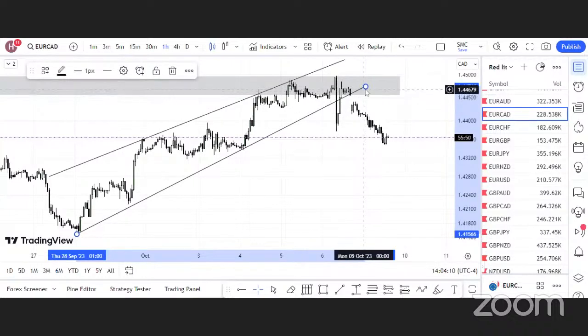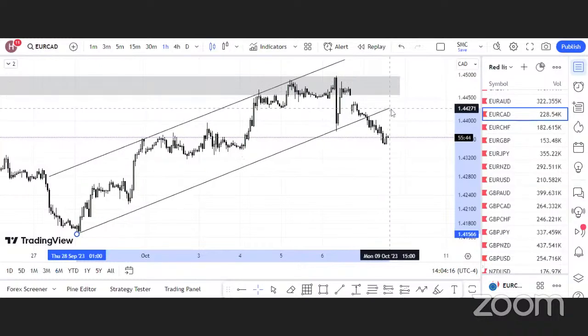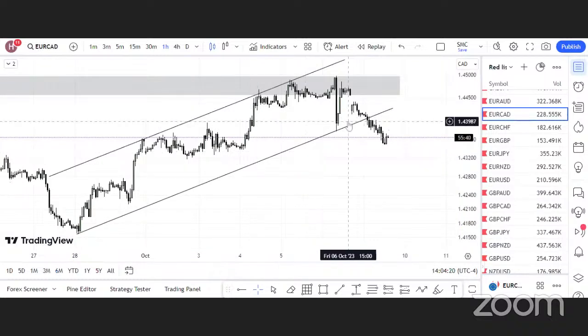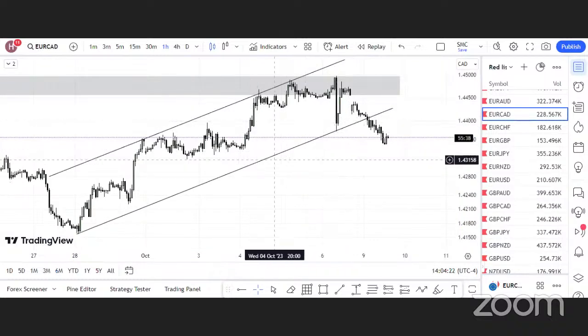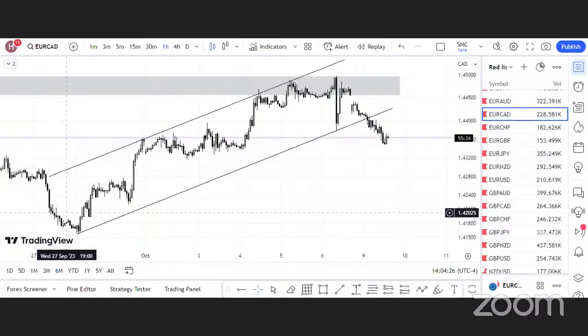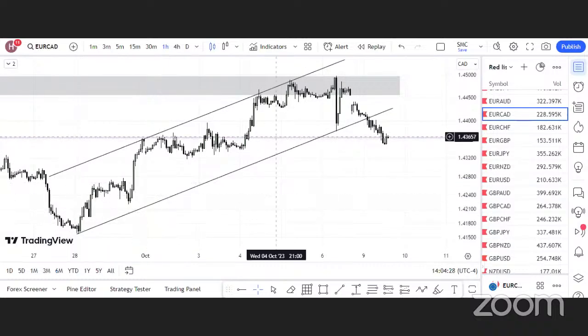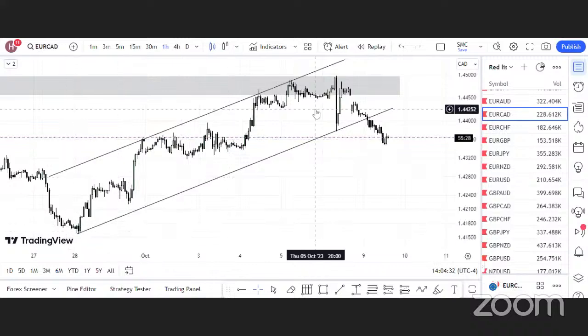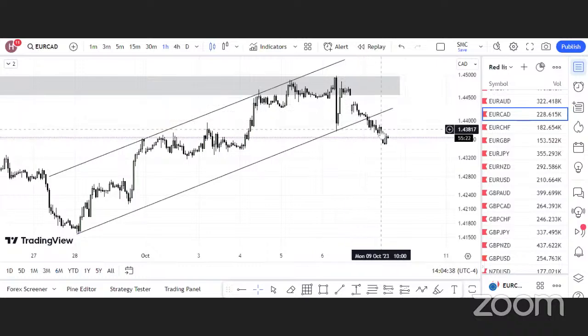Since this is where the market is currently, I decided to draw something close to the market. I told you, if you have at least two touches on your trend line, that is good enough. So I have this touch, and then I have this touch.